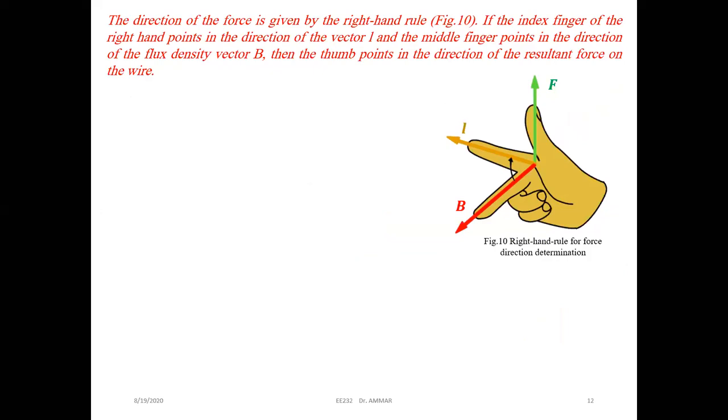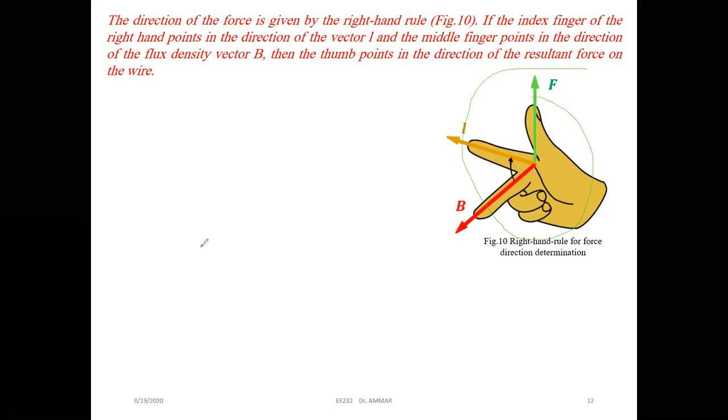If the index finger of the right hand points in the direction of the vector L, so here L is the one taken as a vector, not the current. The length of the conductor is taken as a vector. And the middle finger points in the direction of the flux density. Then the thumb points in the direction of the resulting force. So this is the right hand rule when we want to determine the direction of the force.